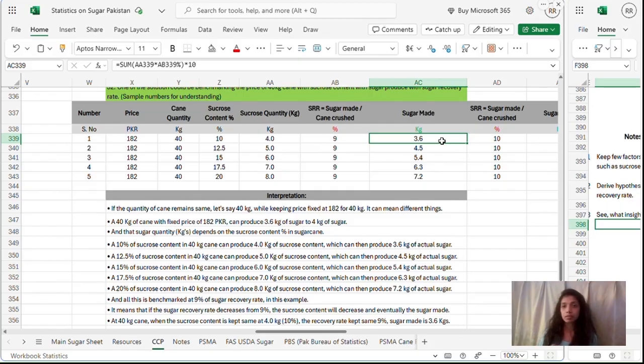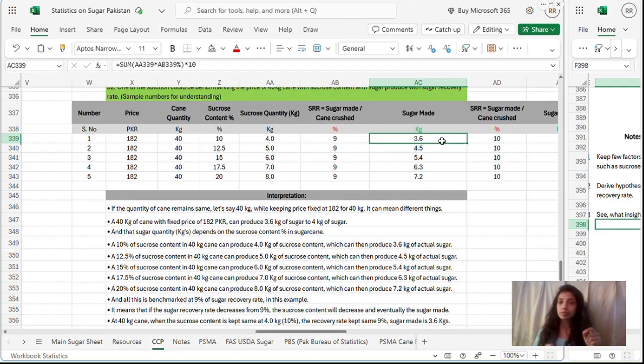The concept to understand is this: when you crushed 100 kgs of sugar cane, but you were able to produce only 9 kgs of sugar, not 10 kgs, your sugar recovery rate was 9%.